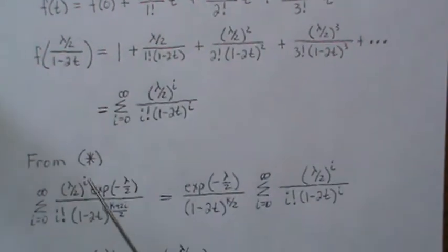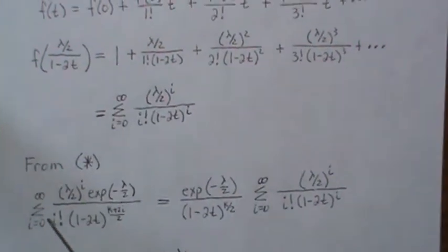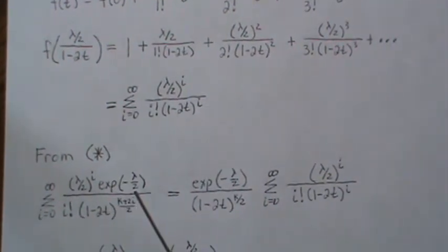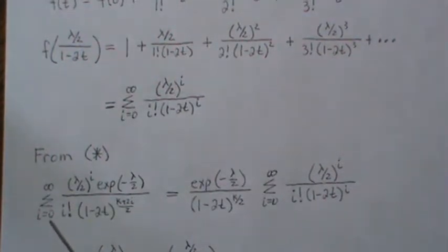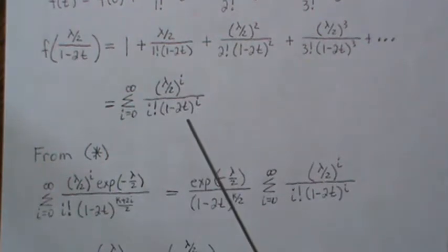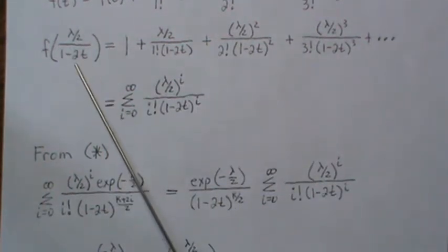Well, now from the star on the first page, this is what we ended up with. So now let's factor out things that are not indexed by i, which are these two, and we're left with this. But didn't we just show that this is the Taylor expansion of e to the t with this plugged in?